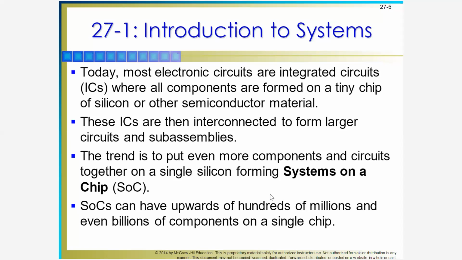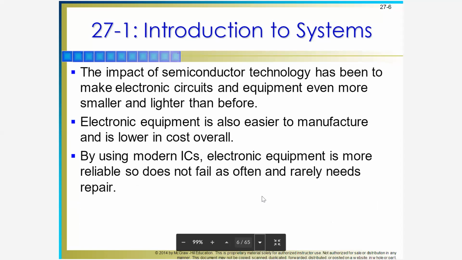An example of a system is a computer or computer central processing unit.